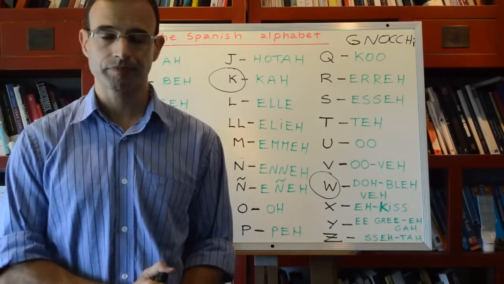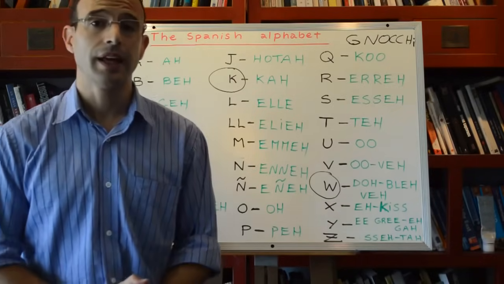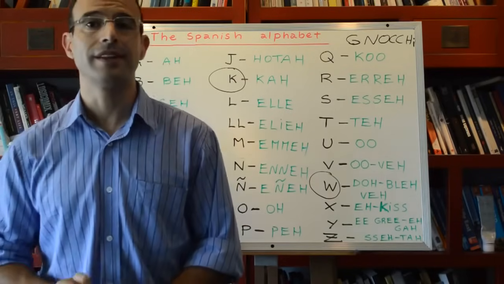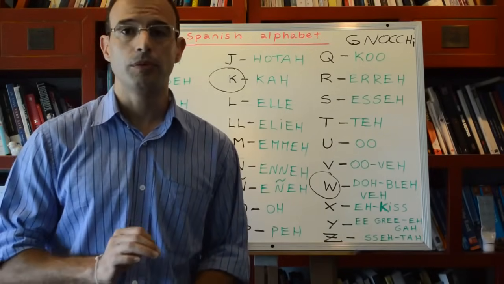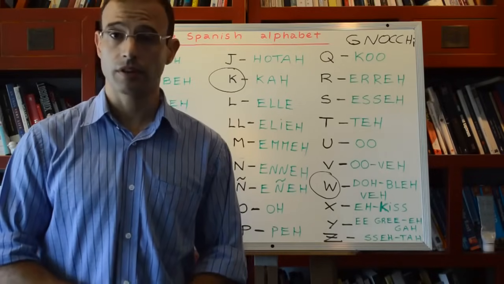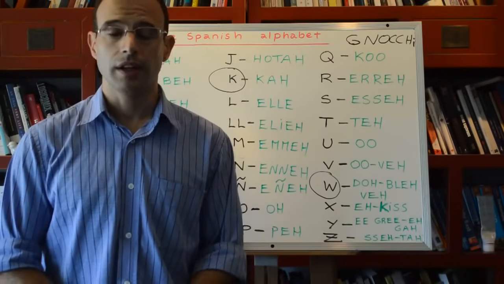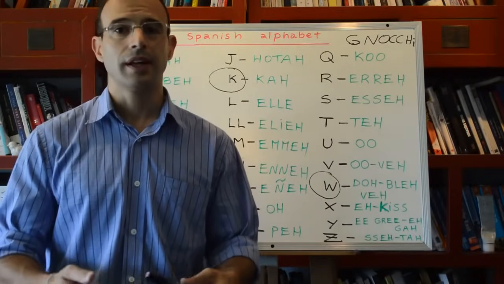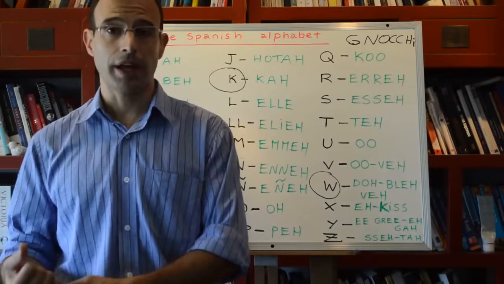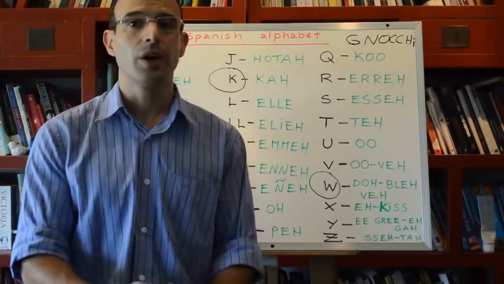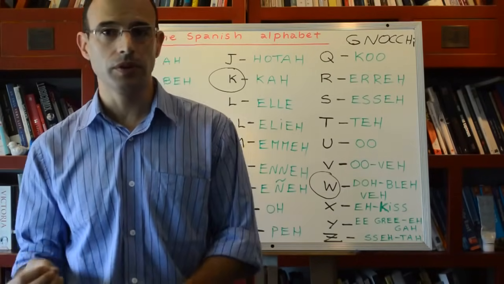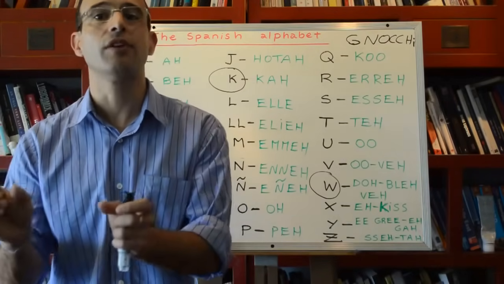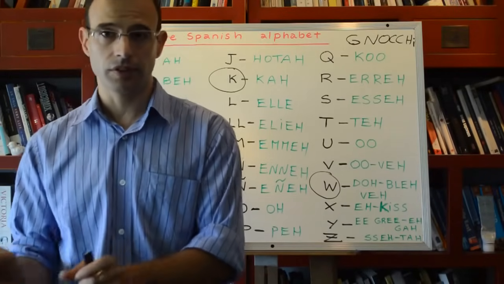Let me start by saying that Spanish is a mostly vowel-oriented tongue. What do I mean by this? English is very focused and very exact on the right pronunciation of the consonants. So you can easily notice, if you're an English speaker, that native Spanish speakers, when they speak English, are not so good at pronouncing the consonants, the end of the words, the double consonants, okay?